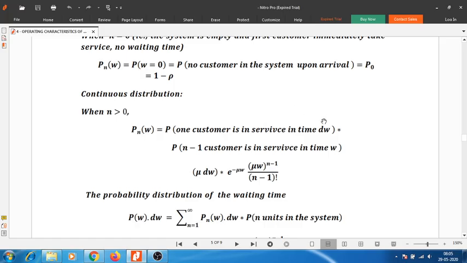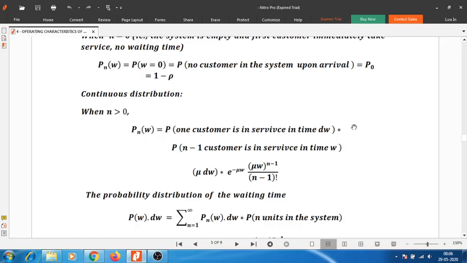So how many customers are at the service platform in dW? Only one customer. How many customers exist in the rest of the interval? n minus 1. Once again, that point is crucial for us. The time interval is W to W plus dW.